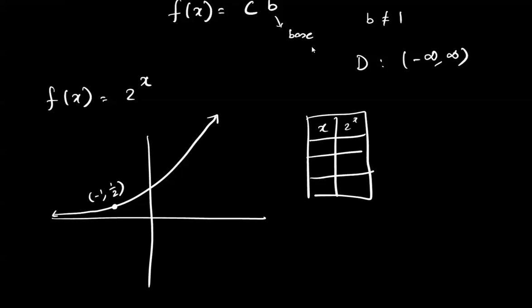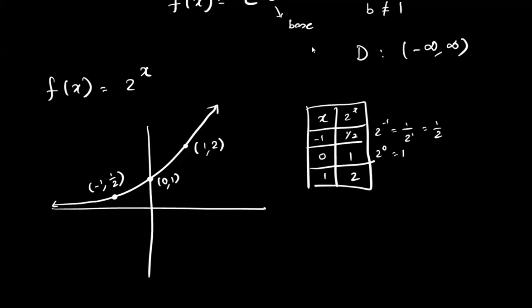So the three x values I'm using are these three. So 2 to the power of -1 is 1 over 2 to the power of 1, which is 1/2. Okay, so a negative exponent does not mean a negative output. It just means it's a fractional output. It is small, right? So then 2 to the power of 0 is 1. 2 to the power of 1 is 2. So this is the second point, and this is the third point.